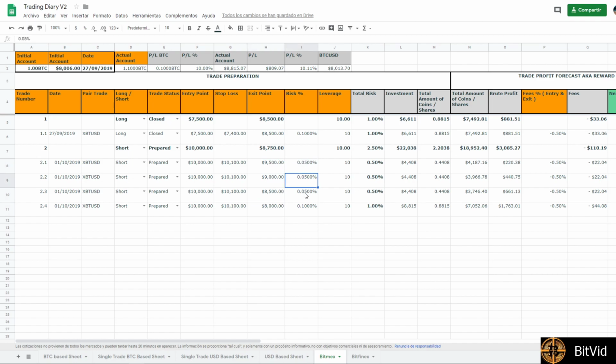We can put different risk here if we want. So imagine that for the last position we want to put more money to take more profit. Okay, so we can do this however we want. Modifying this 0.02, 0.03, 0.05, whatever. You will achieve the total risk that you can afford to lose, and then you have the same information as before, but in a separate trade.